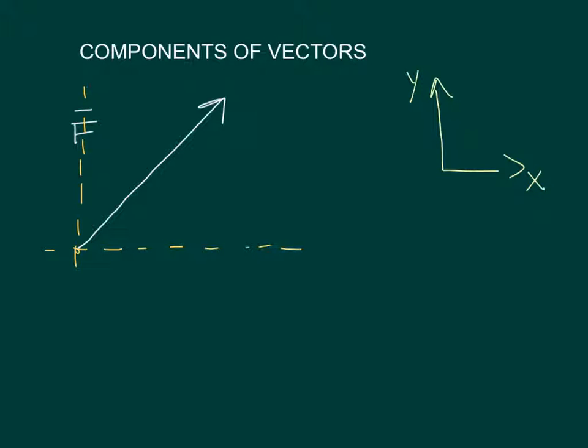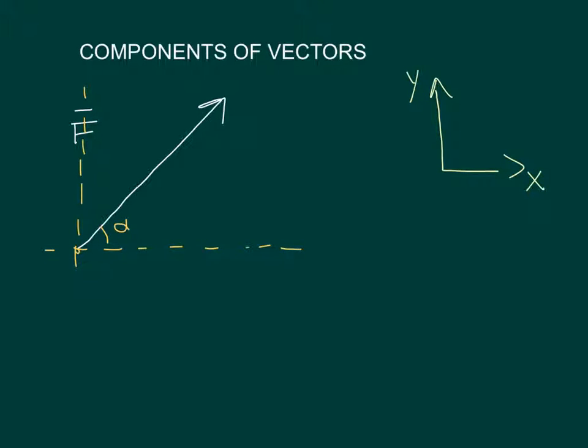Okay, so to do that we need to know the angle, either this alpha or the one next to it, and how large the force itself is. Now I'll just give it a number. The force is something and the angle alpha is some other value.